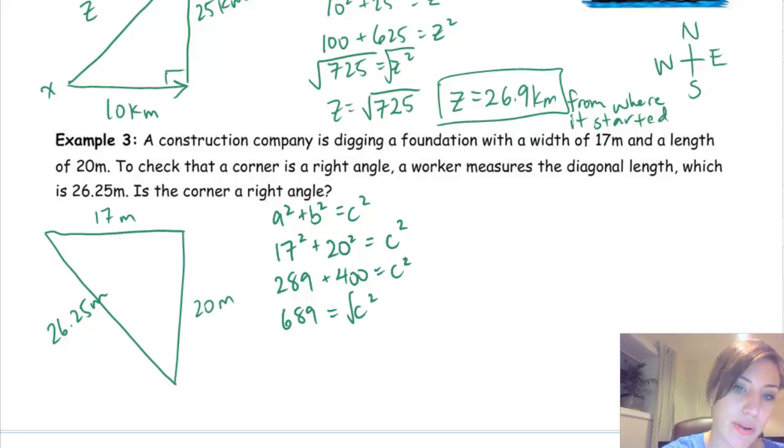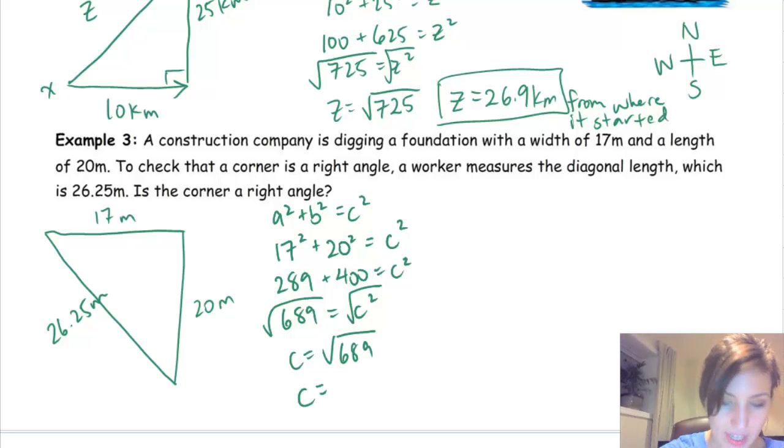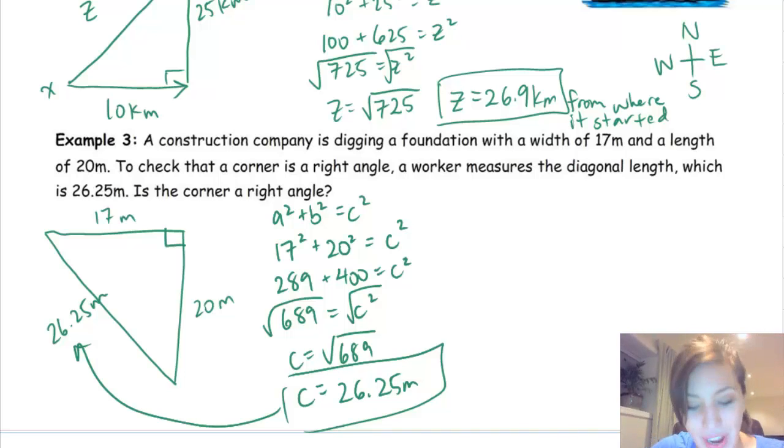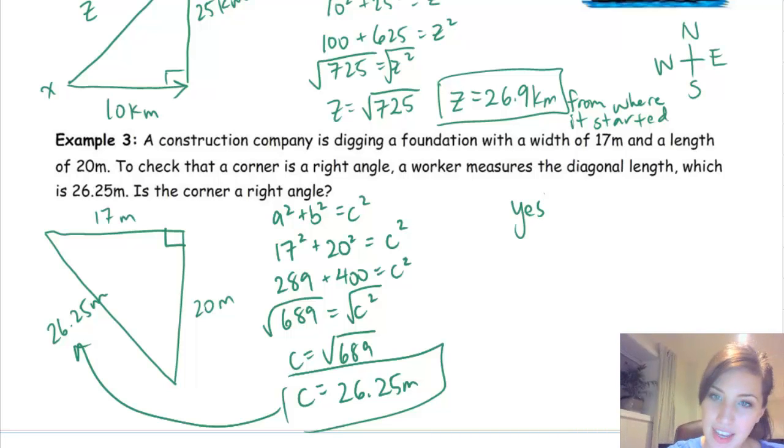Get rid of the squares, square root them both. c equals the square root of 689. If you plug that in, you get 26.25 meters. Hooray! That matches this. So it is a right triangle, and yes, it is a right angle.